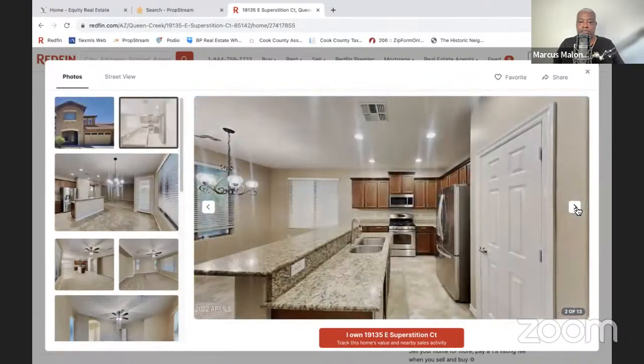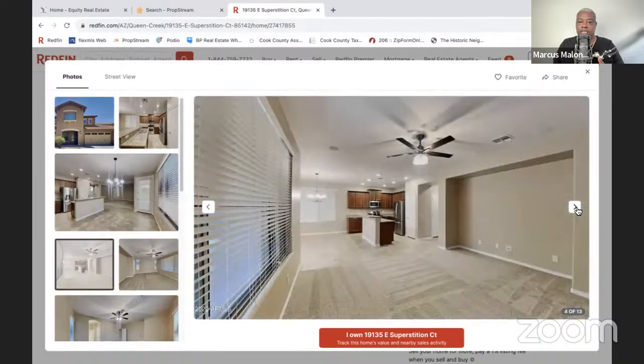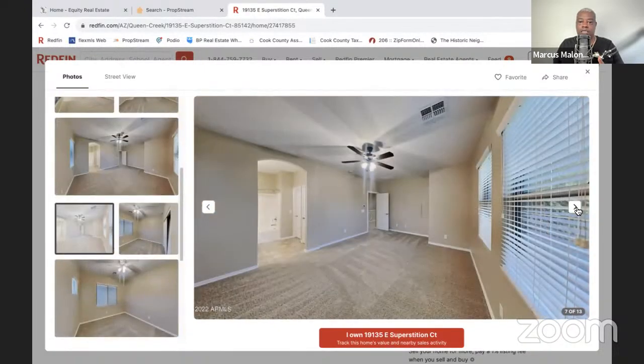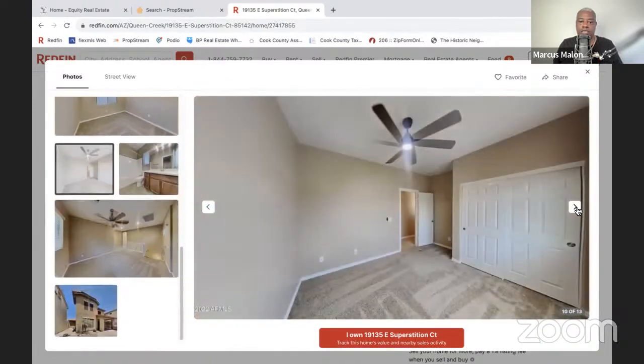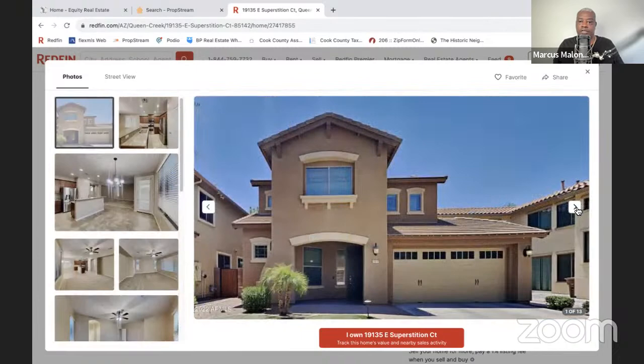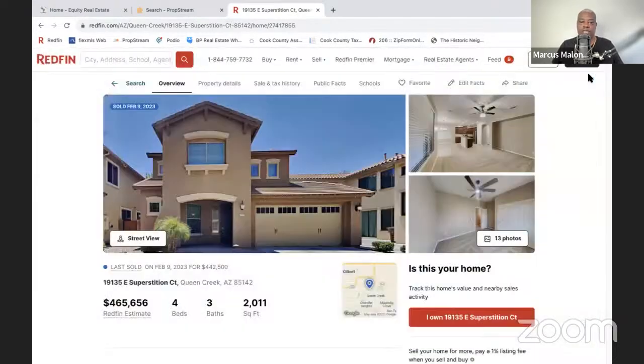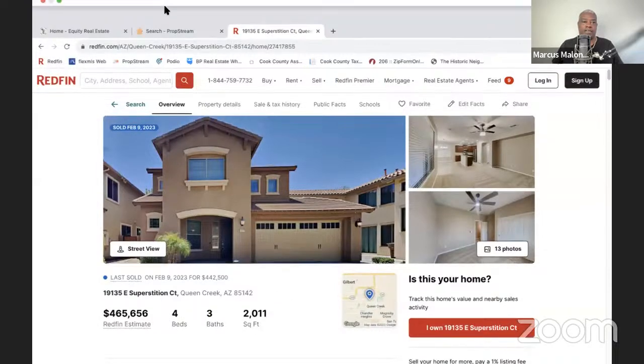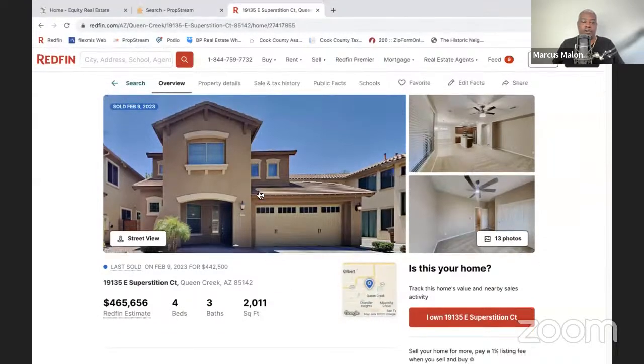Similar condition, same builder, similar quality. Let's see what we have here. Okay, that's basically it when it comes to the pictures on this one. So we have 465, we have 474.